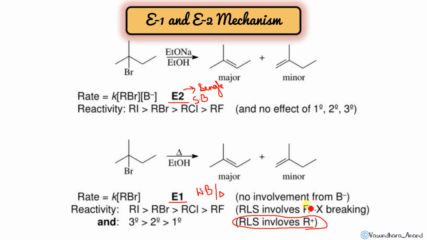Why so? Because in the presence of a weak base, this weak base will not have that much strength to eliminate the hydrogen directly. So first it will form the carbocation and then the hydrogen will come out. Okay, so this is the important thing I'm going to tell you.